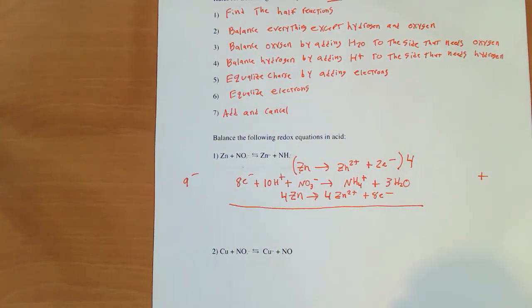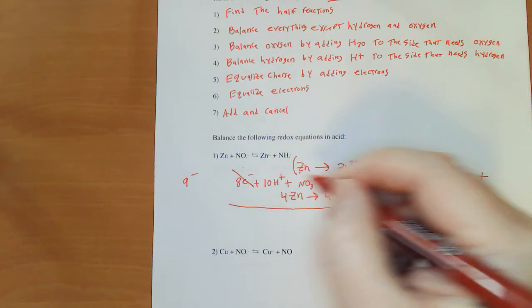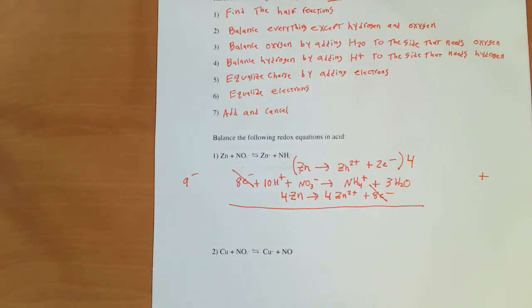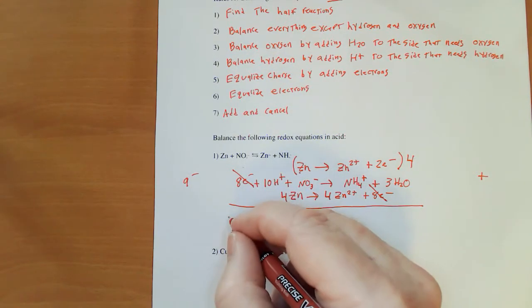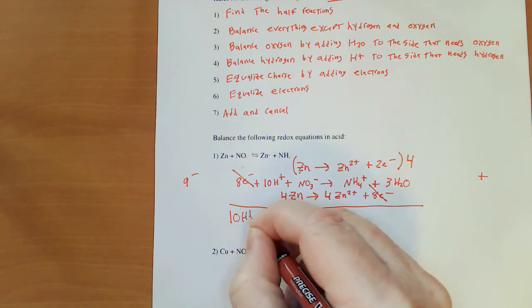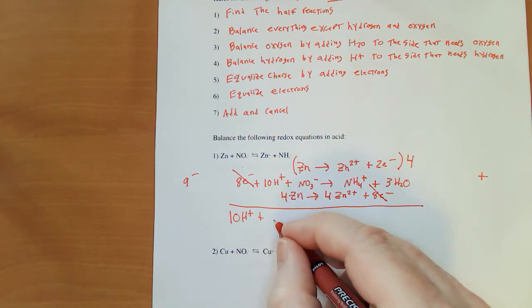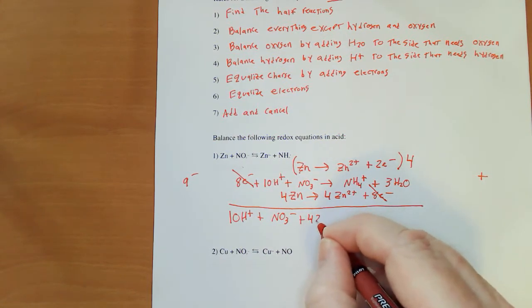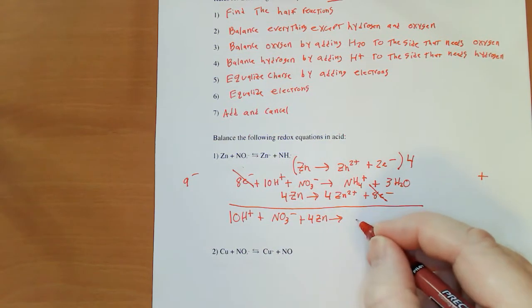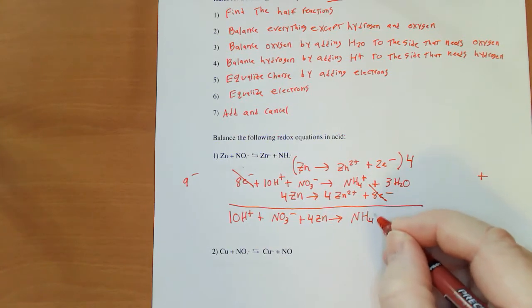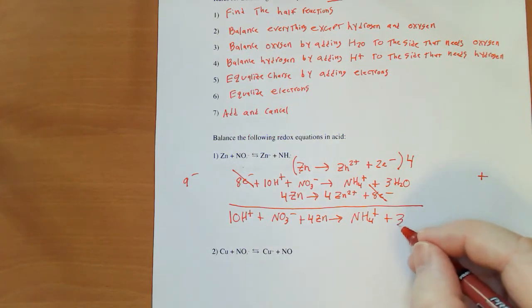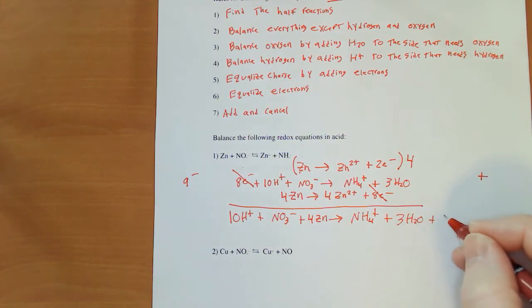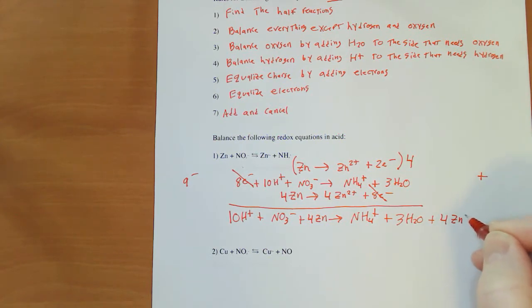Now when I add those two together, the only thing that cancels this time is the 8 electrons. So I've got 10 H plus, a nitrate, plus 4 zincs to give me an ammonium plus 3 waters plus 4 Zn 2 plus.